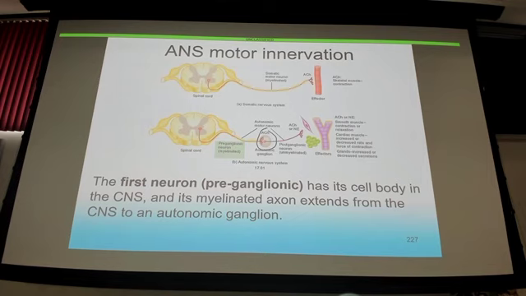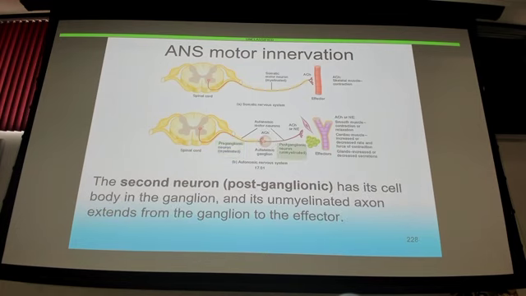So that ganglion is full of cell bodies. And what cell bodies are they? The postganglionic neurons. So I need to switch slides, I guess. But we're going to call them postganglionic because they're after the ganglion. So an autonomic nervous system has a pre and a postganglionic neuron. This means it's before or after the ganglion.